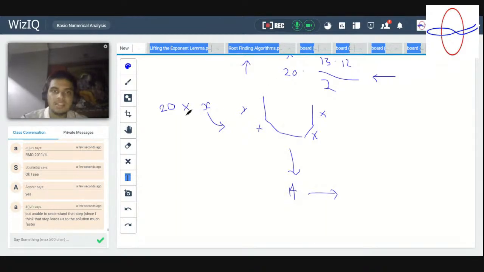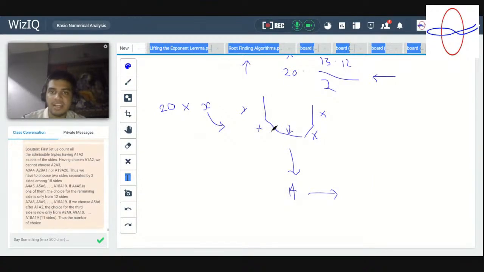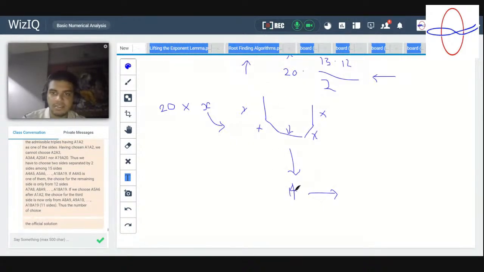So let's look at what happens here. What he's saying is, once you have chosen the first side, then go ahead and delete 6 sides from the other. Right. So then let's go ahead and delete 6 sides from the other to get a 14-sided polygon. Then we can choose any of the other 2 sides.